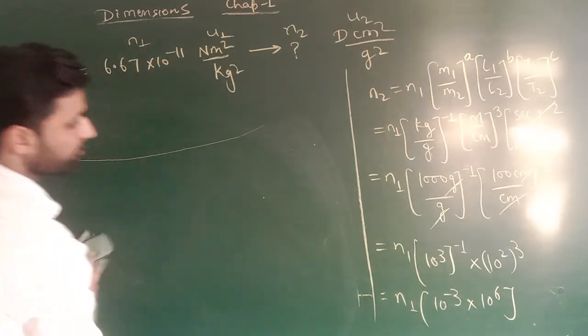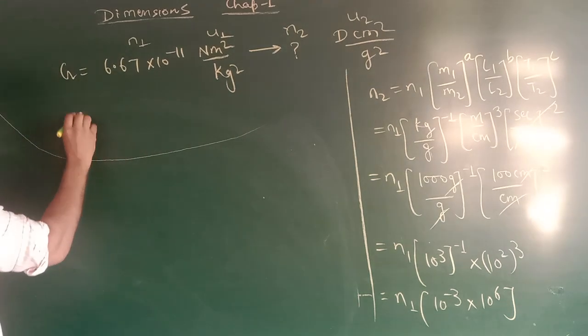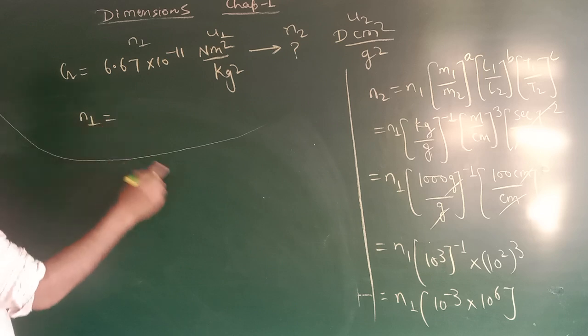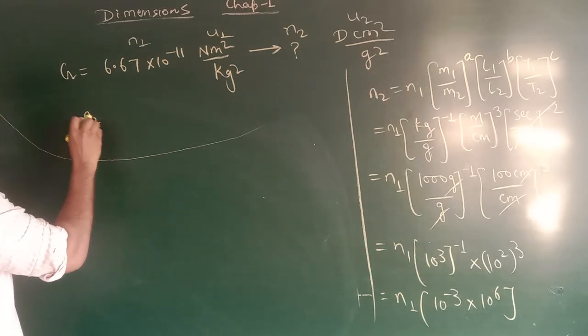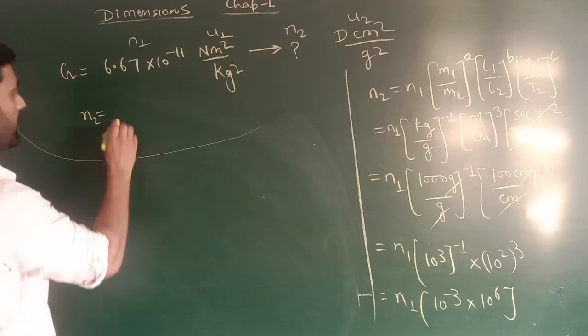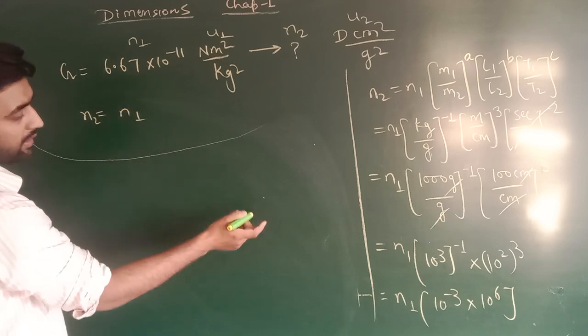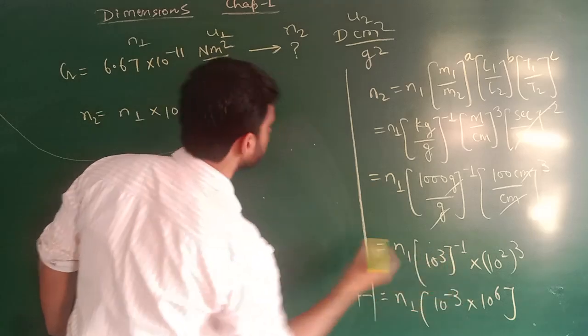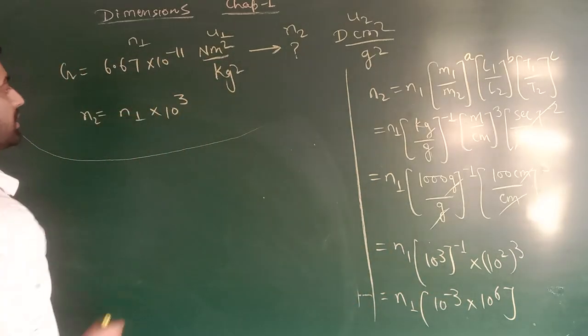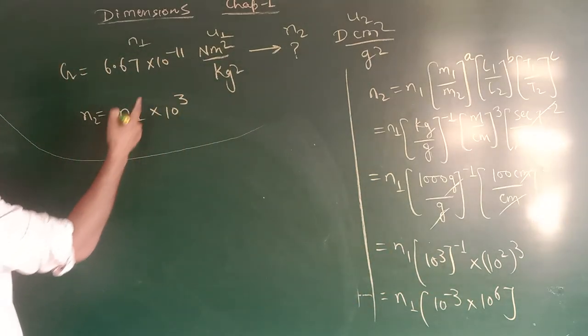So N2 is equal to N1 times 10 to the power minus 3 plus 6, that is plus 3. So let's substitute the value of N1.